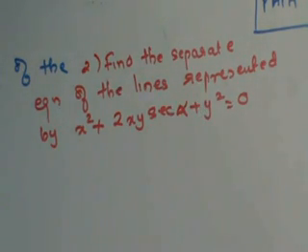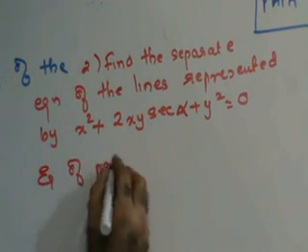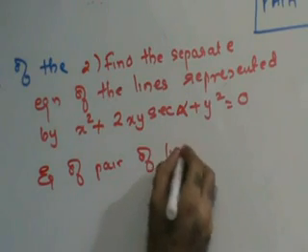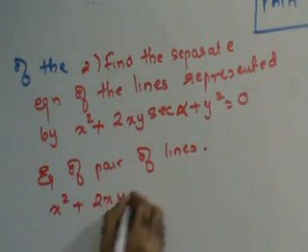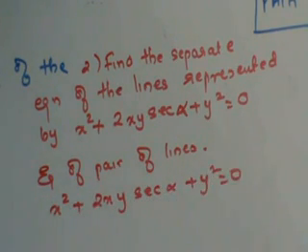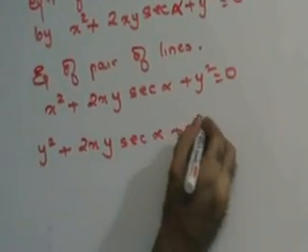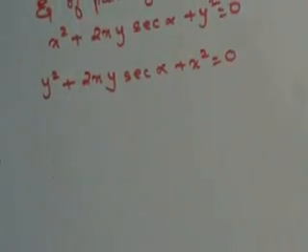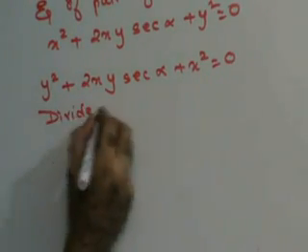Okay. Now let's start. The equation of the pair of lines is given by x square plus 2xy sec alpha plus y square is 0. Rearrange: you will get y square plus 2xy sec alpha plus x square is 0. Divide by x square.